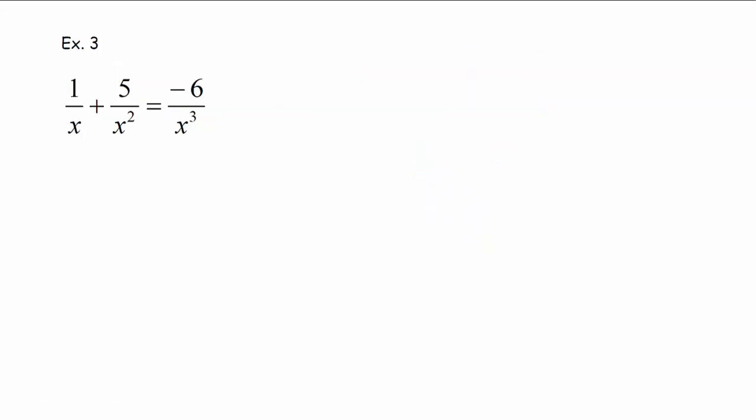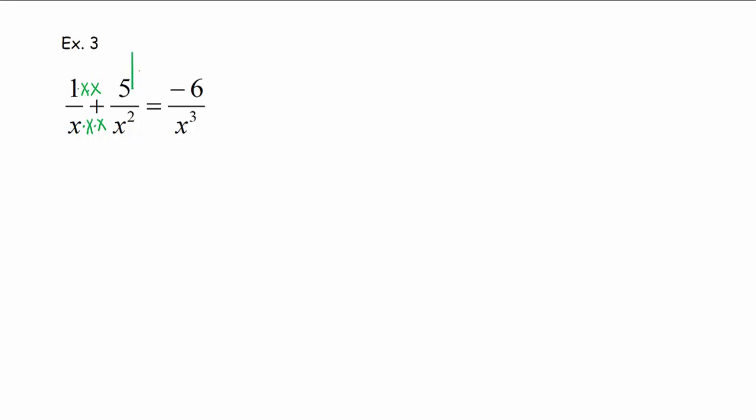All right, so it looks like we have x squared and x cubed as the denominators. I'm going to say that the common denominator should be x cubed. All right, so we would need to multiply this x by x and x in order to get x cubed.